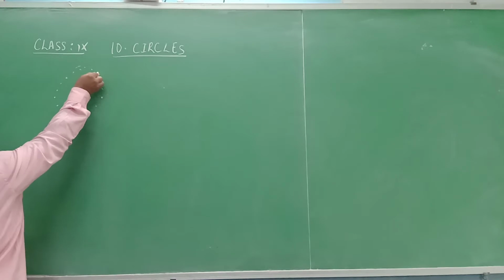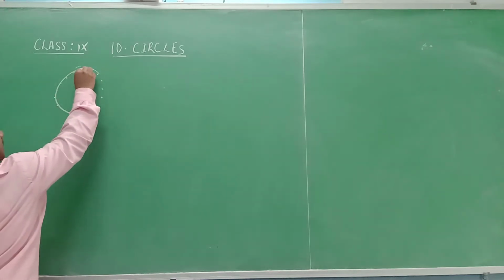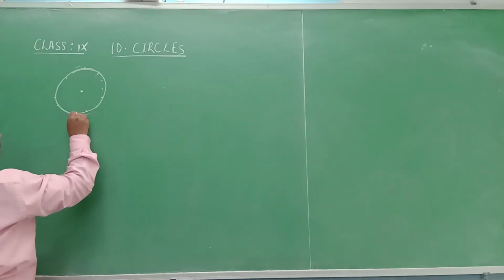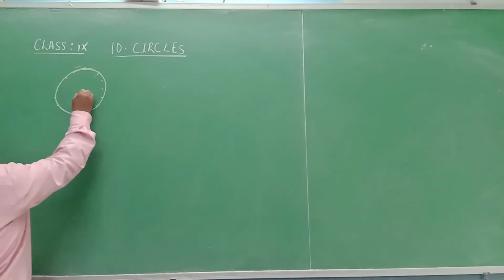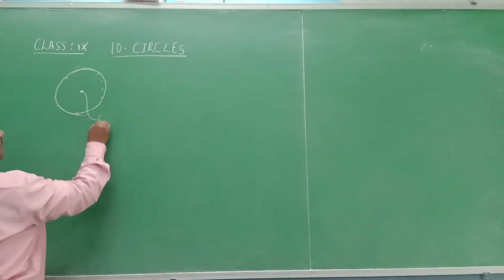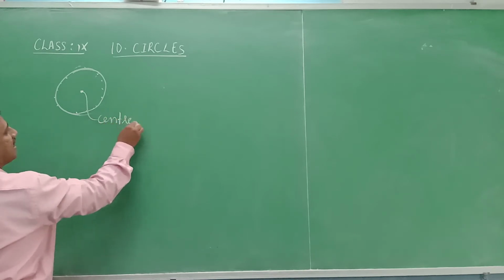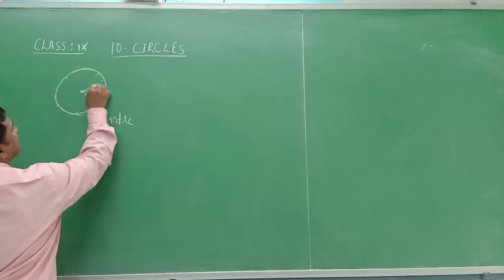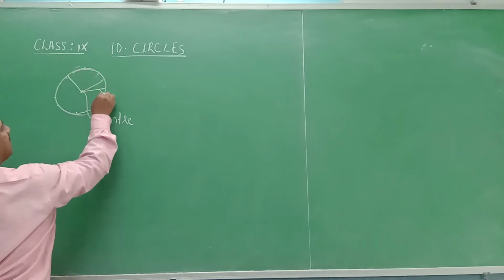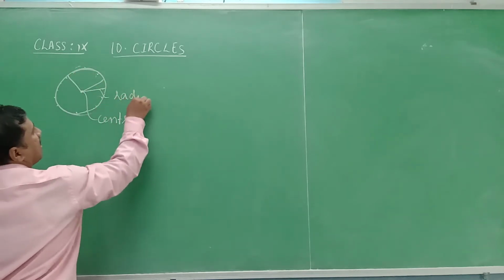By joining these points, we get a geometrical figure. That geometrical figure is known as a circle, this fixed point is the center of the circle, and this fixed distance is known as the radius of the circle.